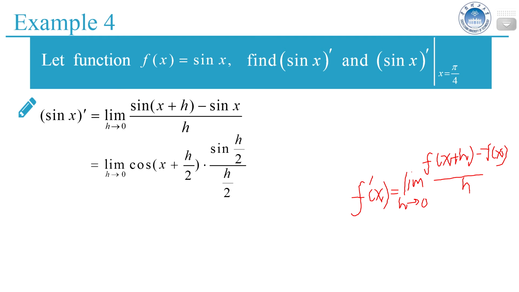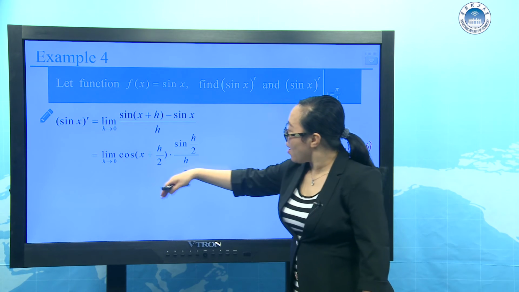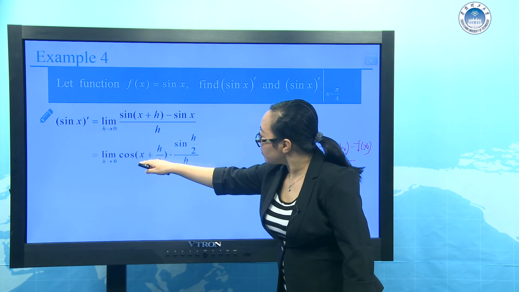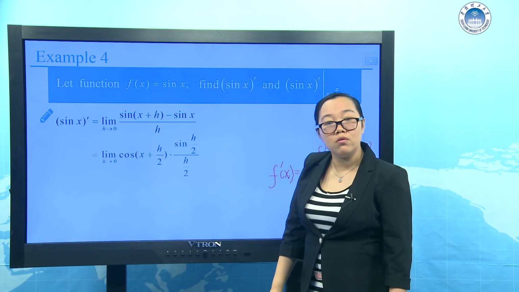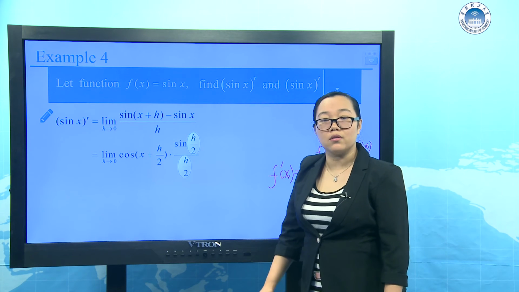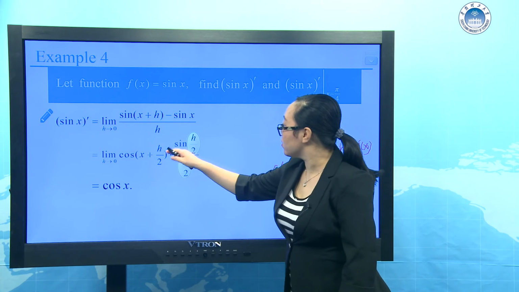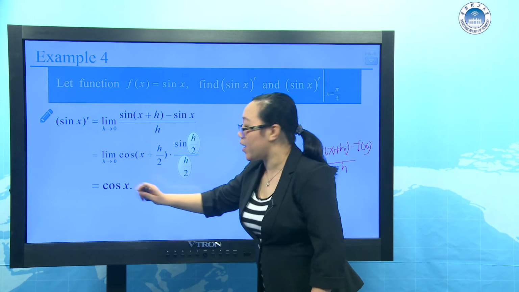Sin of some variable over that variable, if the variable tends to 0, at this time the limit equals 1. So this limit equals 1. As h tends to 0, this term means cosine of (x plus 0), which is cosine x. So the final result, cosine x times 1 equals cosine x.